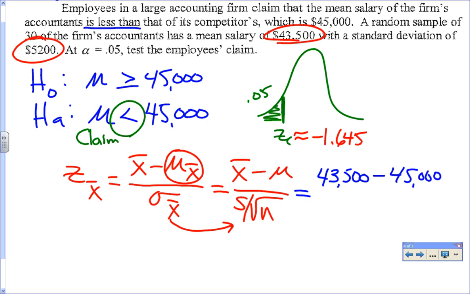So at this point, we know it has a chance of being in that rejection region because we know it has a chance of being negative. Agreed? Okay. Over 5,200 divided by the square root of n, which is 30.